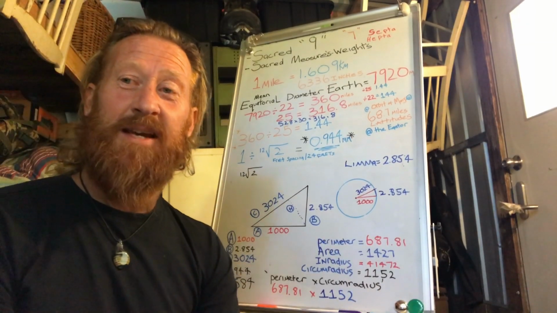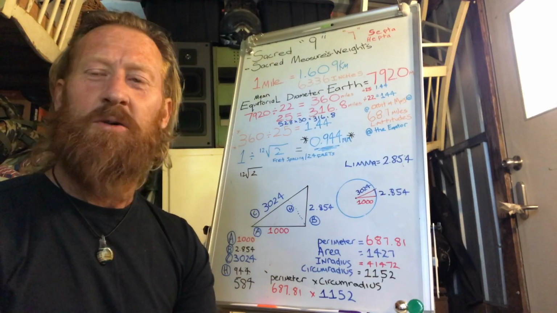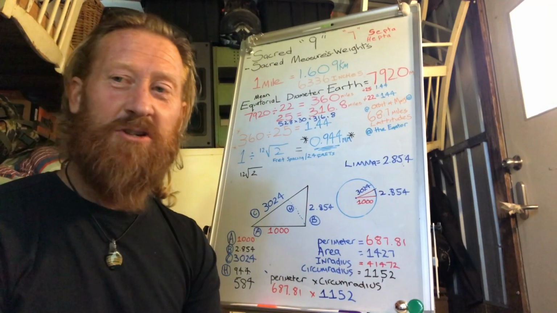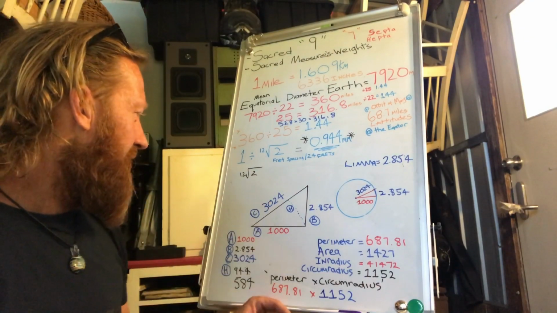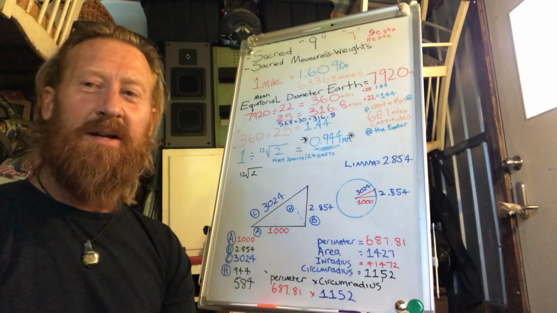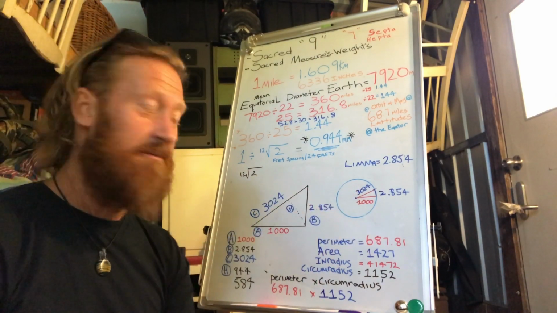So I said we could not even leave our cave. We knew the size of Earth, the equatorial diameter, before we even left home, and we didn't measure a shadow. So how do we do it? We take the perimeter of this triangle that we got from just drawing the circle.